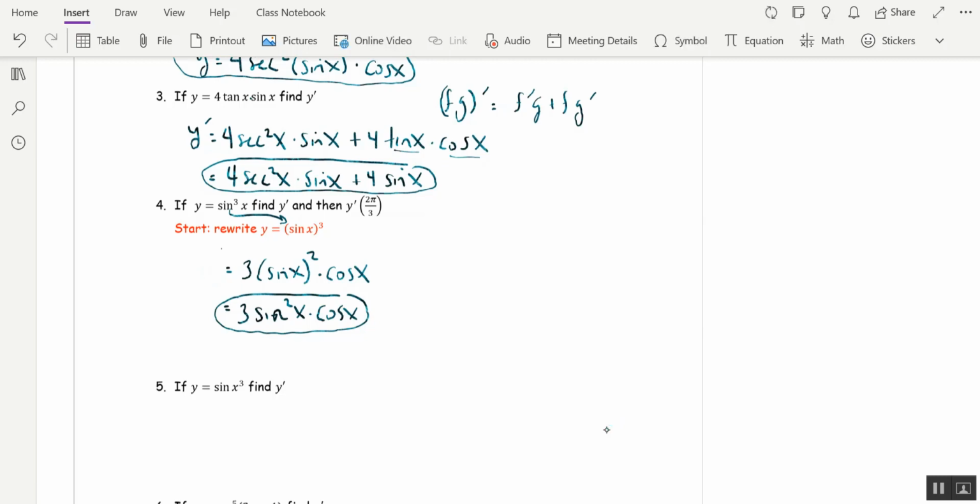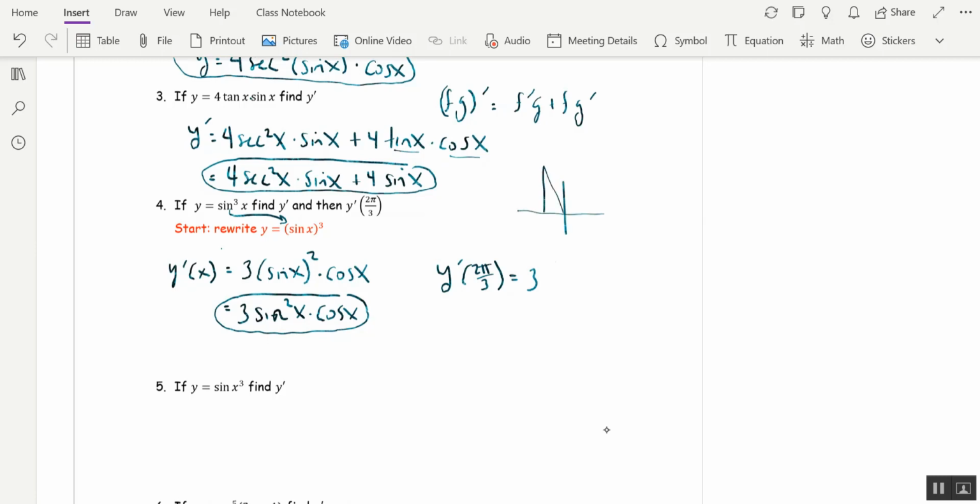Let me erase this here. Y prime of x. You can use y prime as shorthand, but in this case, I want 2 y primes. I want the function y prime of x, and I also want the number y prime of 2 pi over 3. So that's 3 sine of 2 pi over 3 quantity squared. So here's a unit circle.